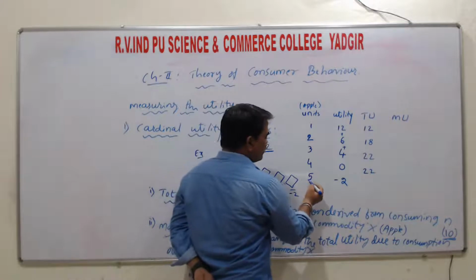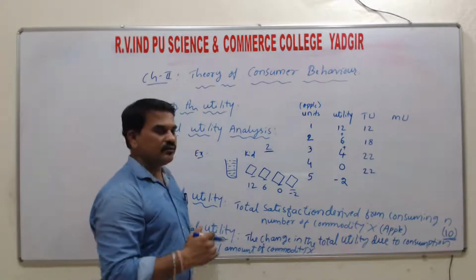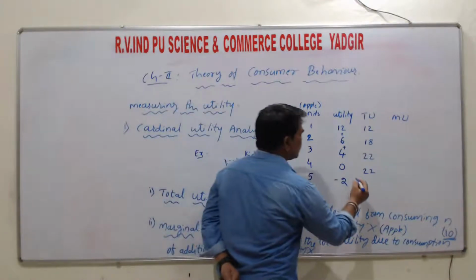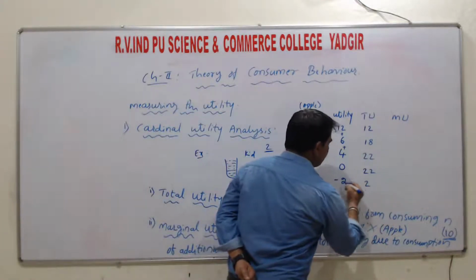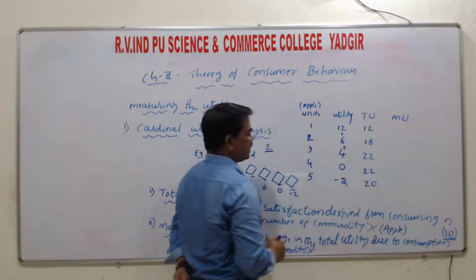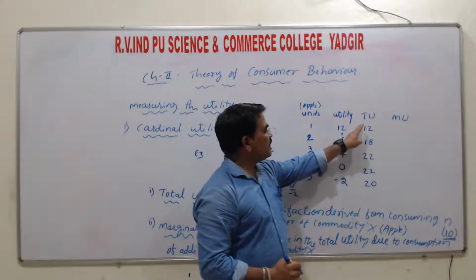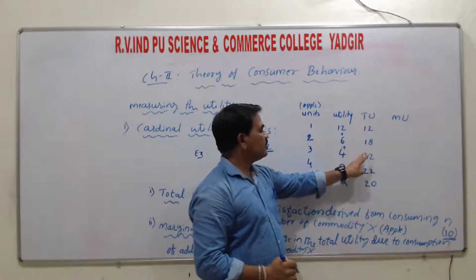When I had the 5th apple, the utility is negative for the 5th apple. So my total utility will be 22 minus 2, which is 20. See here, the total utility starts decreasing.